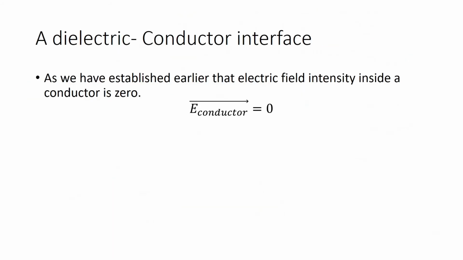Now let us discuss a dielectric conductor interface. We have already established that the electric field intensity inside a conductor is 0. That means E2 is already 0. What would happen to the electric field at the interface?